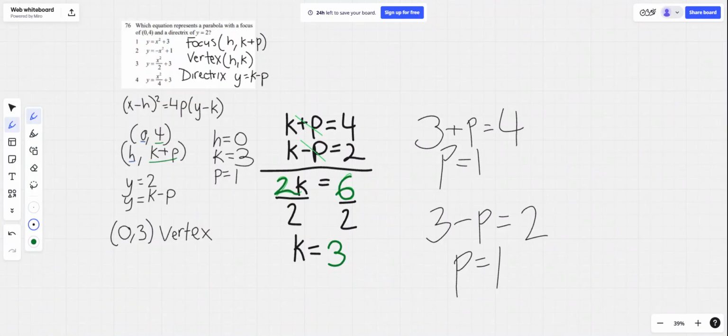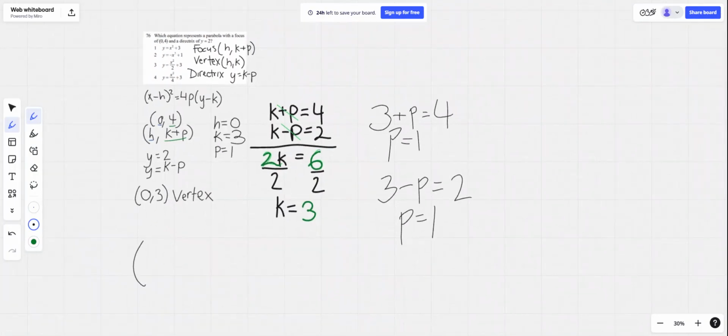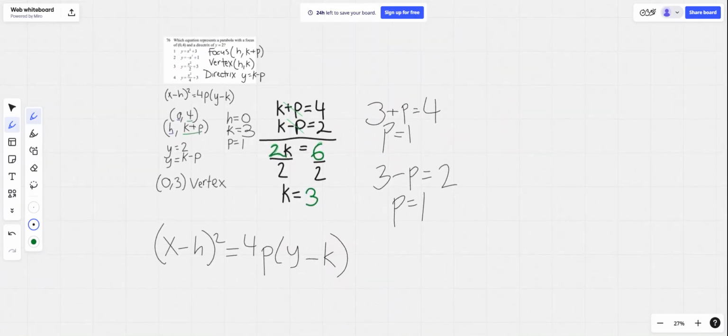So let's now think about how we're going to plug all of this into the structure, which is (x minus h) squared equals 4p times (y minus k). We know that h is 0, so this will stay x squared equals 4 times p.